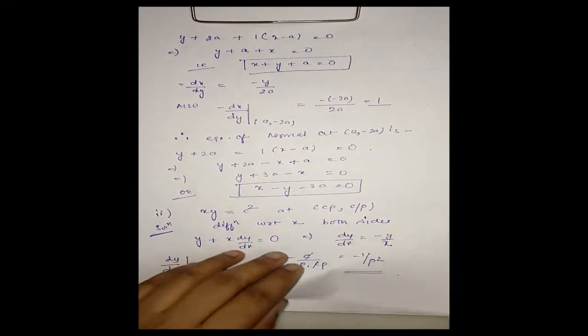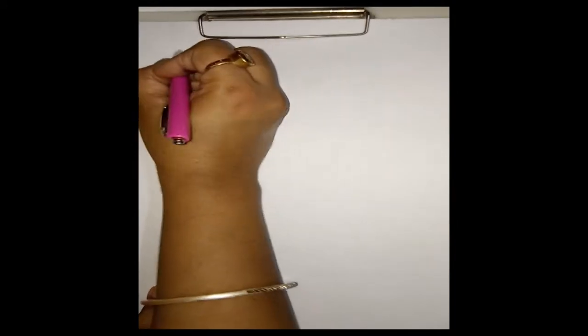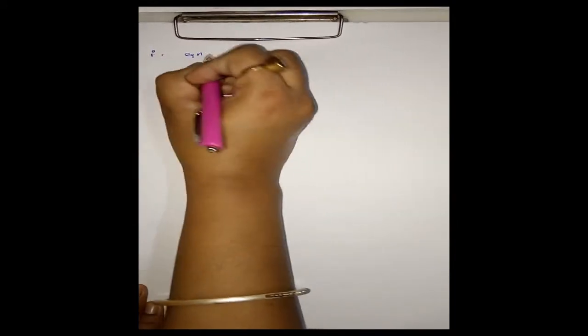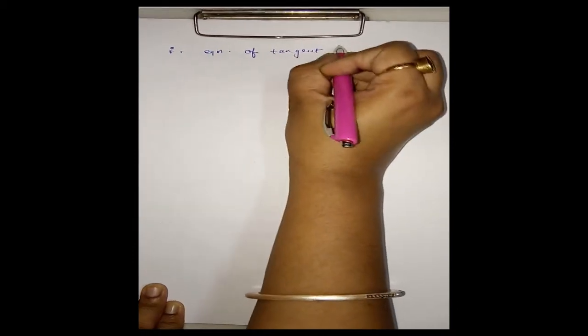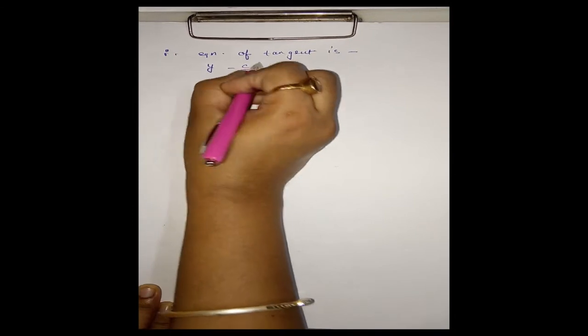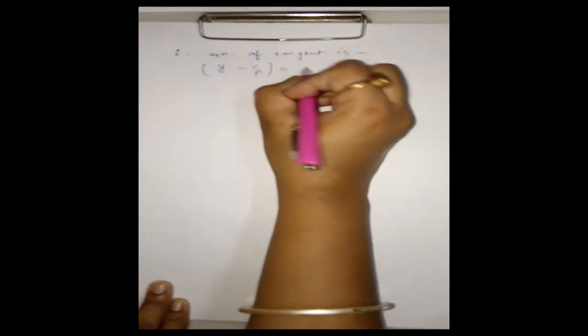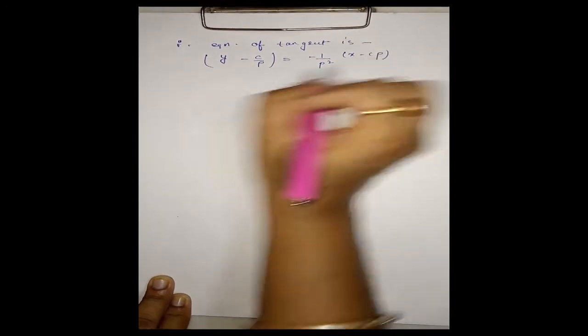Therefore equation of tangent is given by y minus c by p is equal to minus 1 by p square into x minus cp.